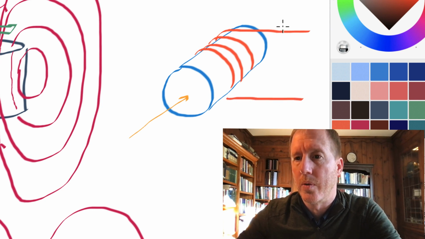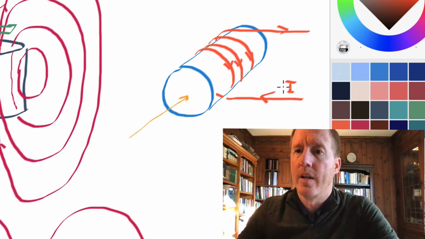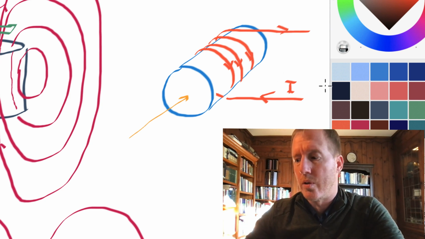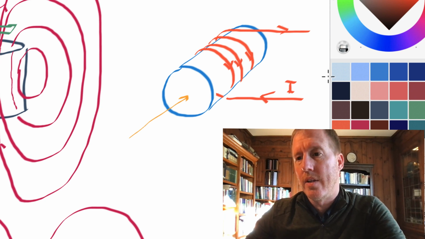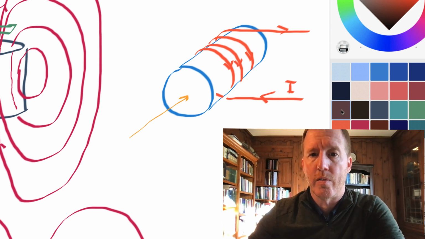So let's suppose that we have an electrical current going in like this. The current is going around in this direction and coming out like this. If you have a ray of light going through, the way we talked about it is that the ray of light, if it's initially linearly polarized, the ray of light will begin to rotate its plane of polarization as it's going through. That's one way of understanding Faraday rotation.